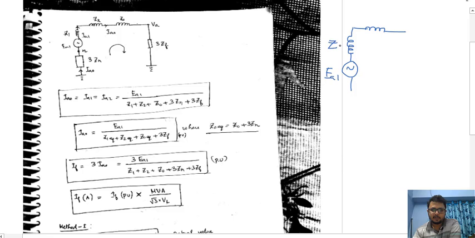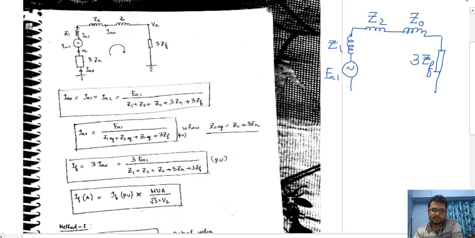Suppose this is Z1, this is Z2. In negative sequence we don't draw any source. We draw a source only in the positive sequence, with an impedance. And the zero sequence is represented by a simple impedance Z0, with, if there is any neutral, that neutral becoming 3 times Zn.